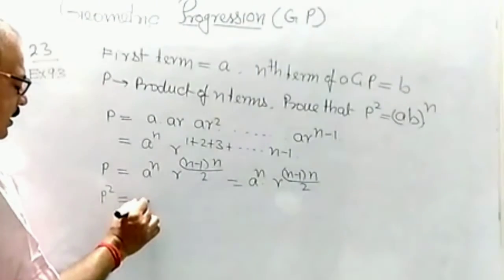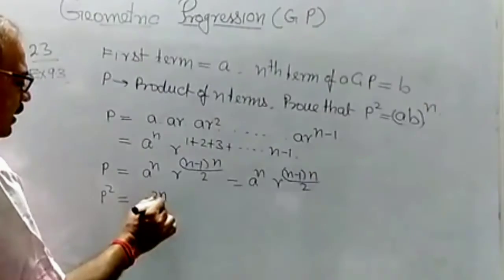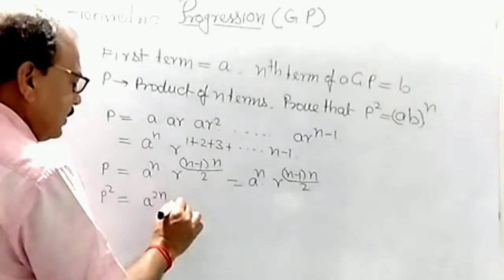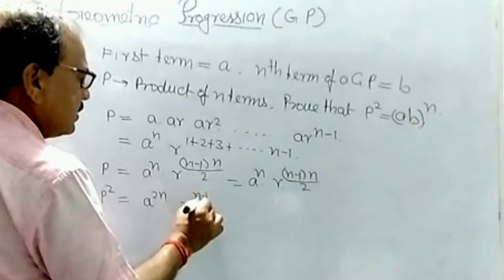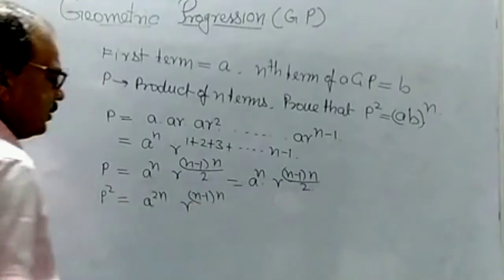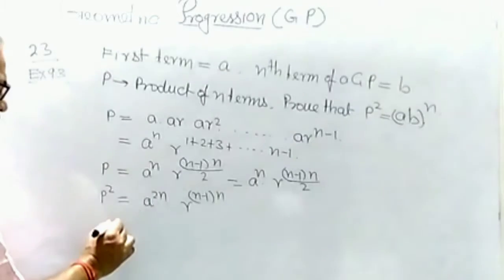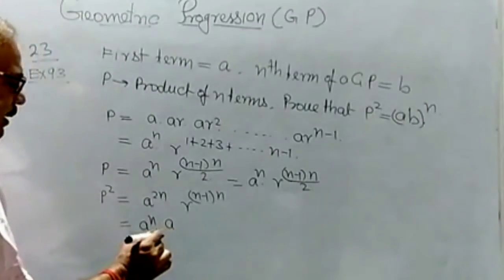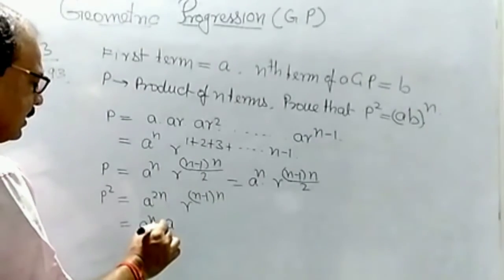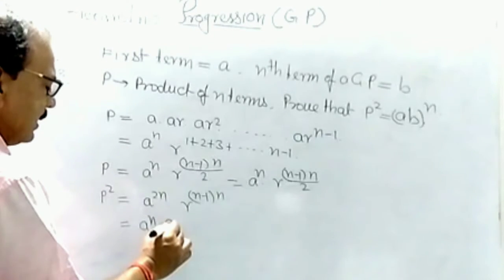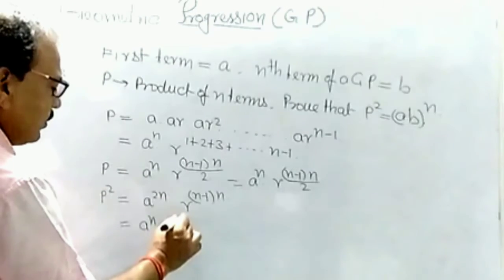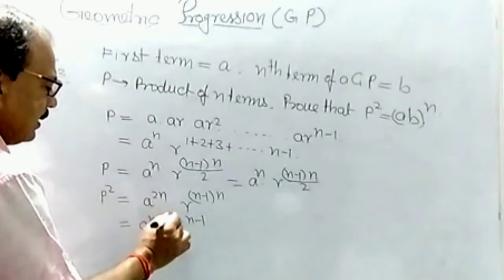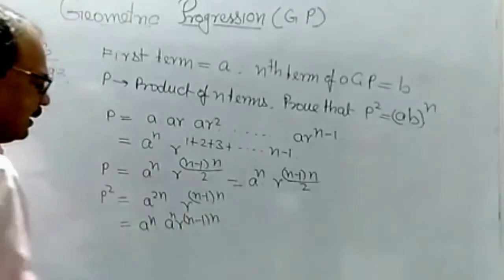then you get A to the power 2n, R to the power n minus 1 into n. So we can write this as A to the power n, A to the power n, and R to the power n minus 1 into n.